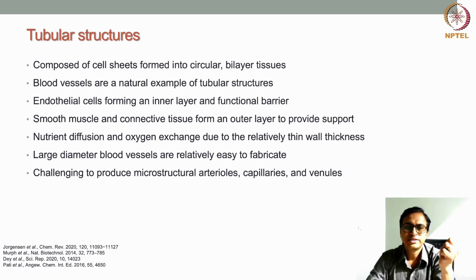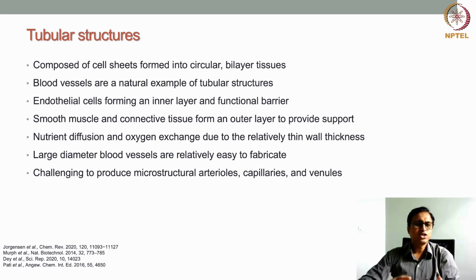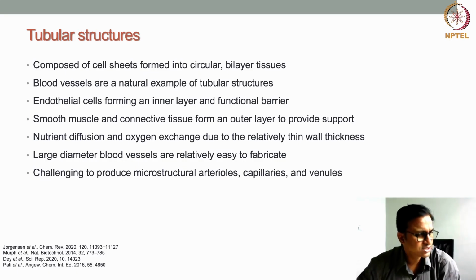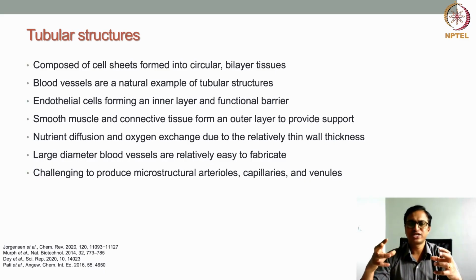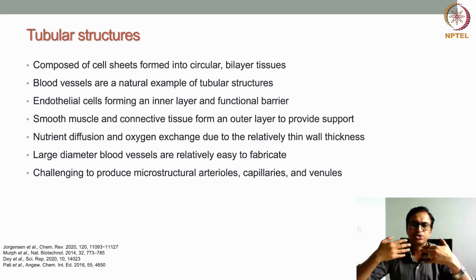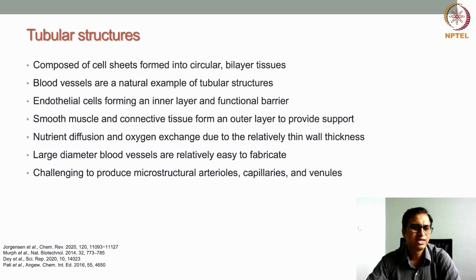Those are in the form of tubules, also composed of cell sheets, but formed into circular bilayer or trilayer structures, where the cell sheets are arranged in a particular order to get these circular tube structures. Blood vessels are a natural example of these tubular structures. Even the airway tract or food pipe, like the esophagus, are also tubular structures.